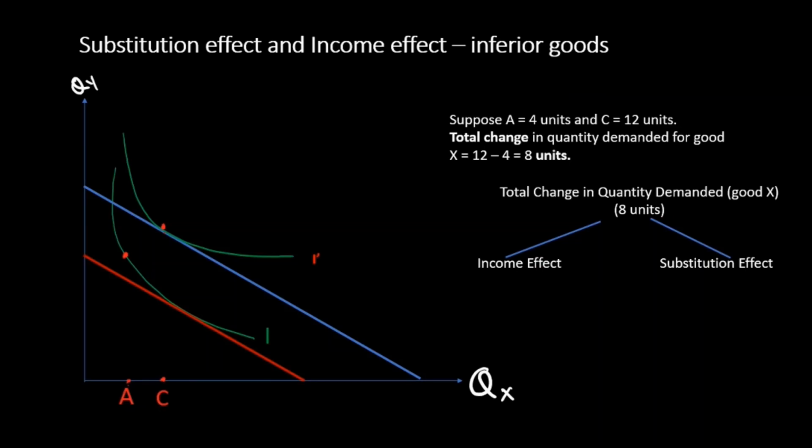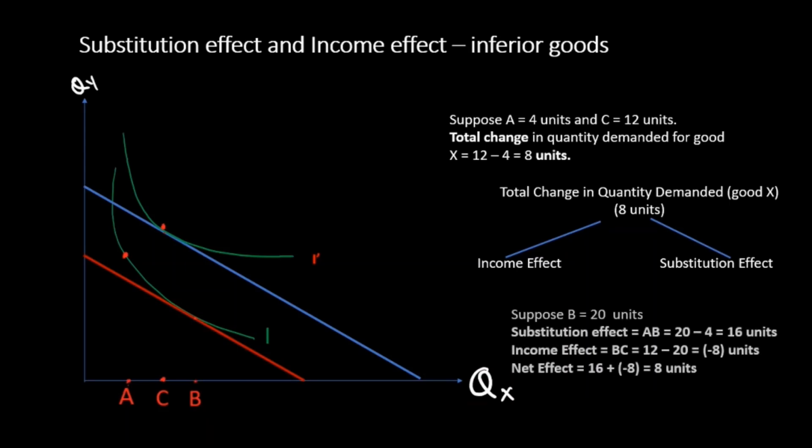So if I come back to the original indifference curve, I would understand what is the substitution effect for the change in demand that has occurred. Let me find a new point of tangency here and I call it B. Now I have moved from A to B because of the substitution effect, but the income effect has pulled down my demand from B to C. Suppose I give a value to B and say B is equal to 20 units.